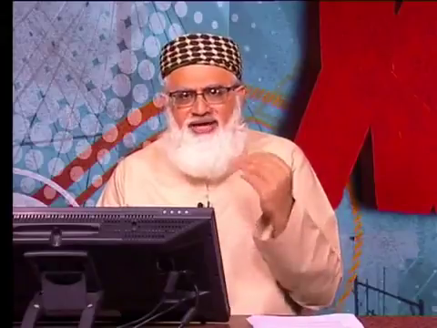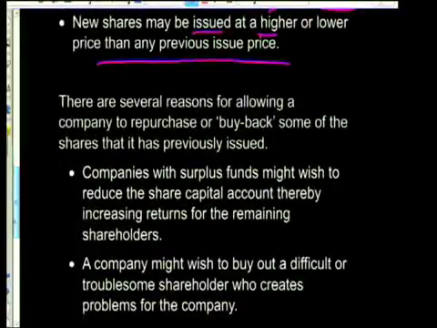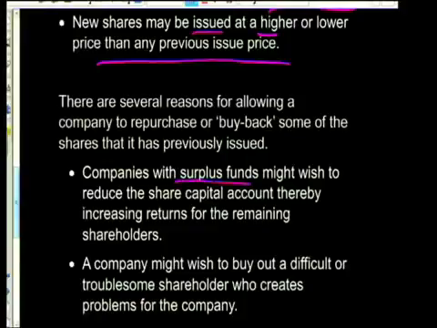Once again, why would a company want to buy back or repurchase shares that it had previously issued? One, companies with surplus funds might wish to reduce the share capital, thereby increasing the returns for the remaining shareholders, right?